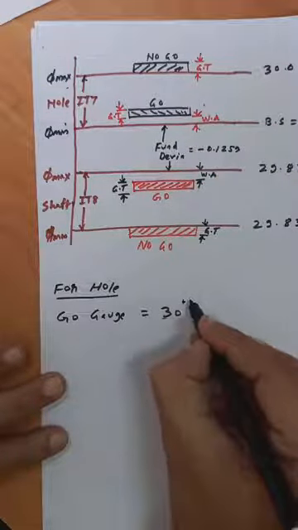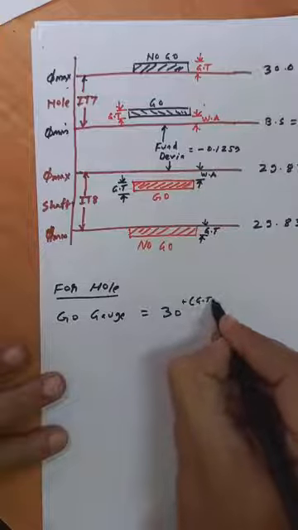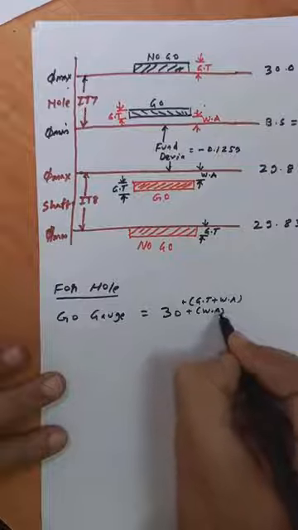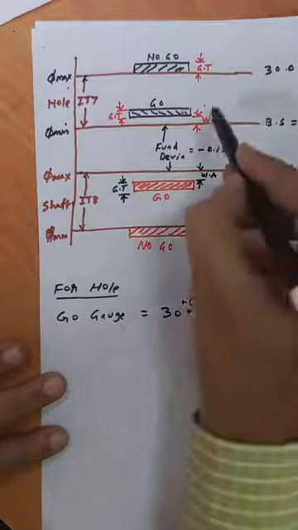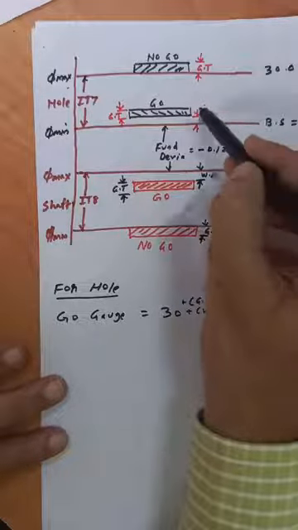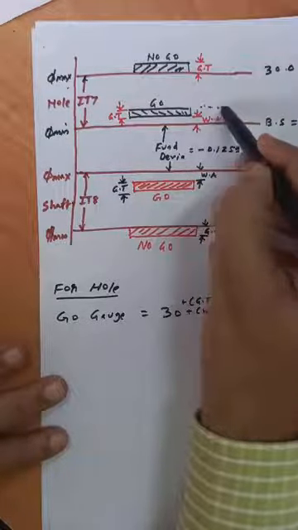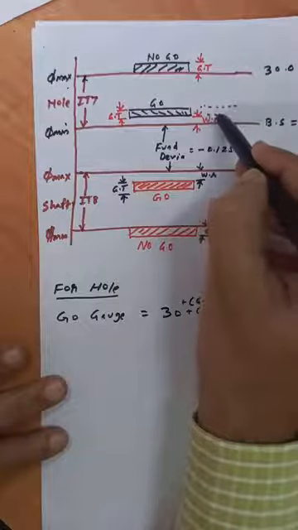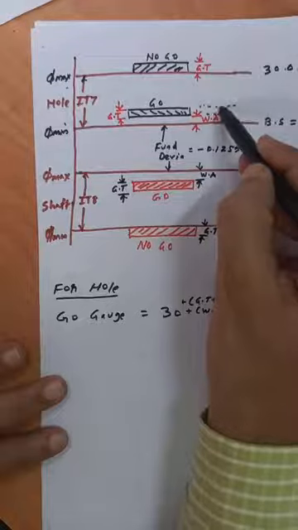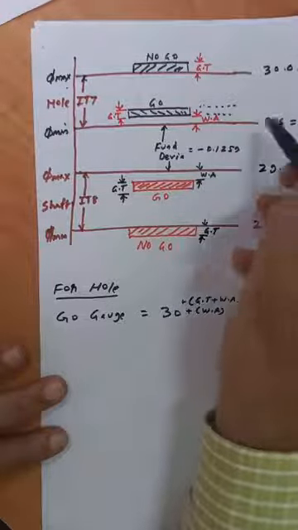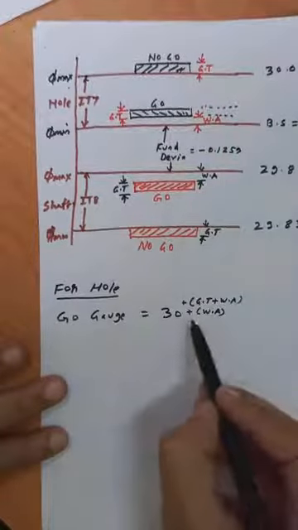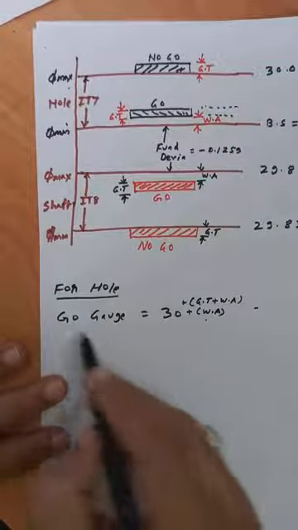So the maximum size of the go gauge is up to here, and the minimum size will be up to here. So above this 30 mm, the maximum is wear allowance plus gauge tolerance, and the minimum is wear allowance. Input the values and you can find the answer.